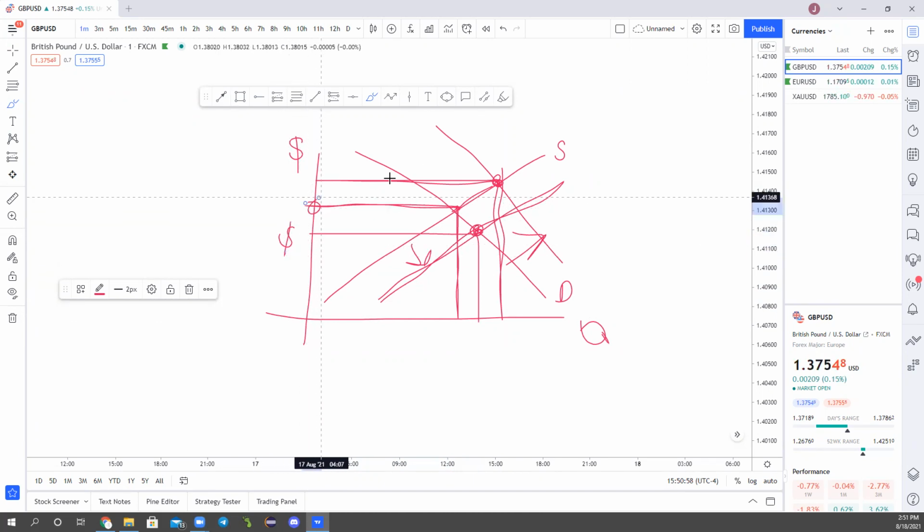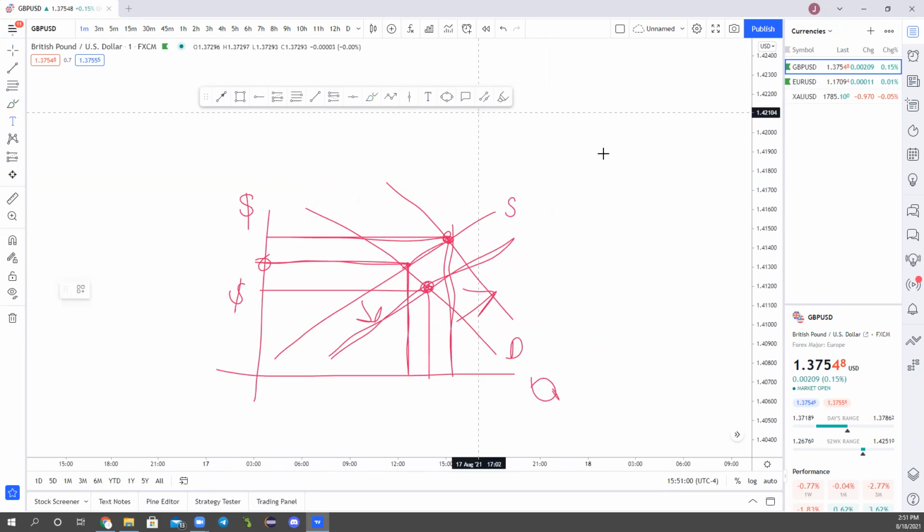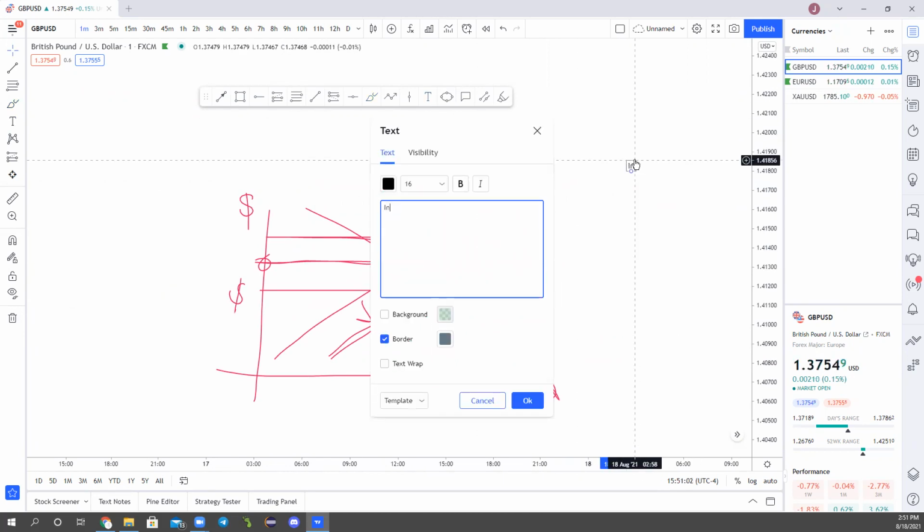This is the equilibrium price. So if we want to make a note, increased demand equals price going up, increased supply equals price going down.